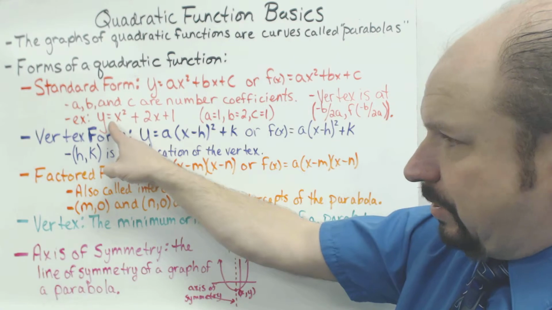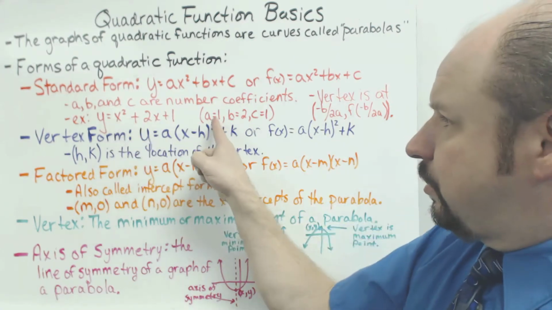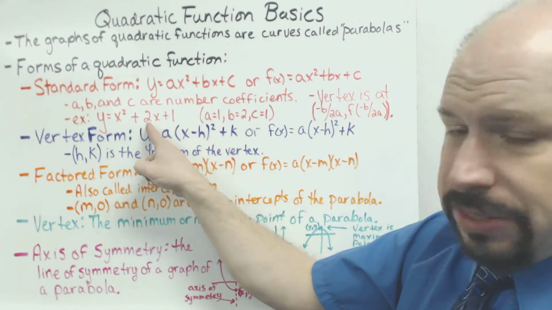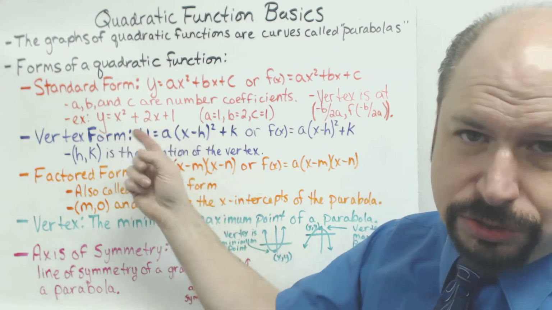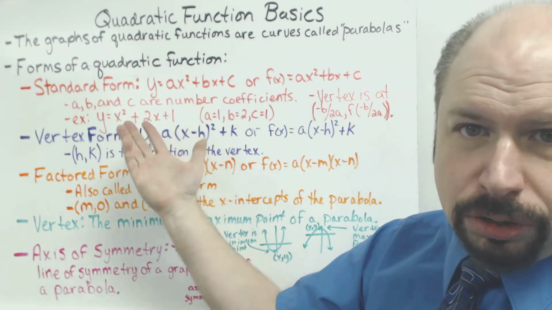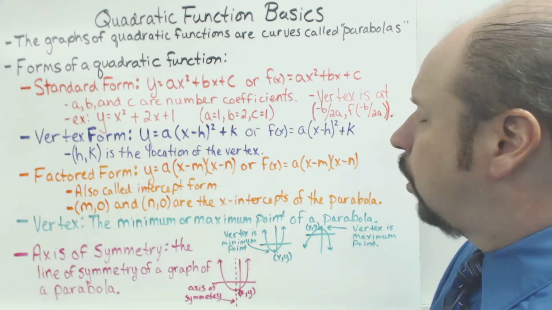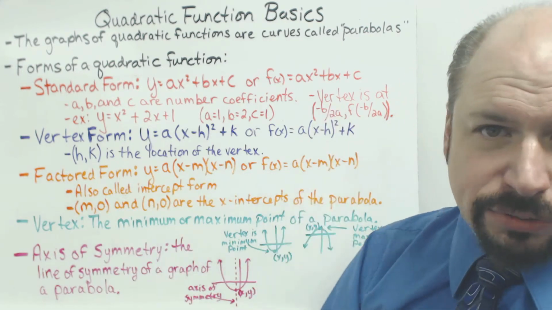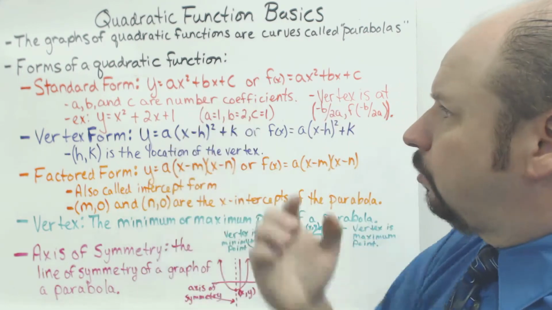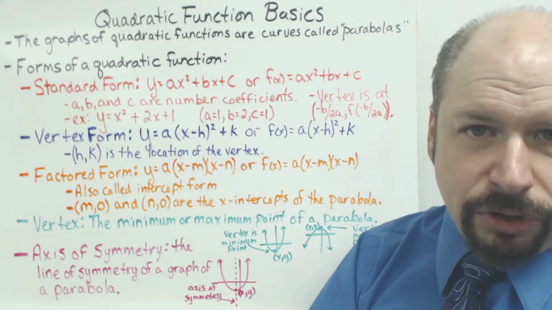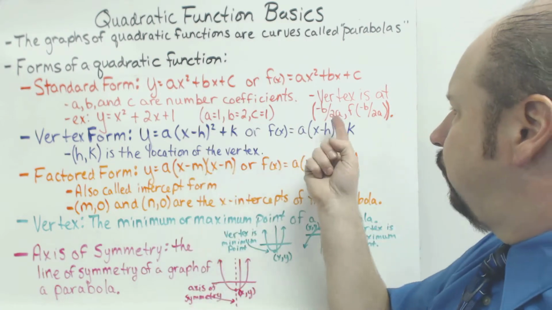Our a is the number in front of the x squared, which is just 1. B is the number in front of the x term, which is just 2, and c is simply our constant term, which is 1.